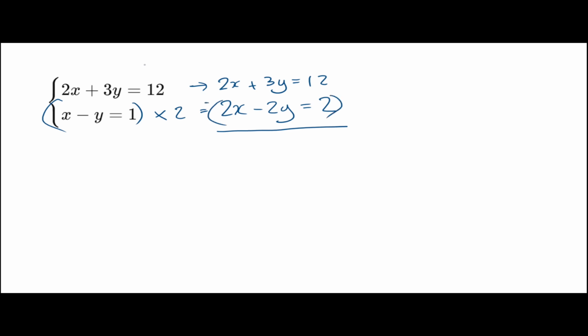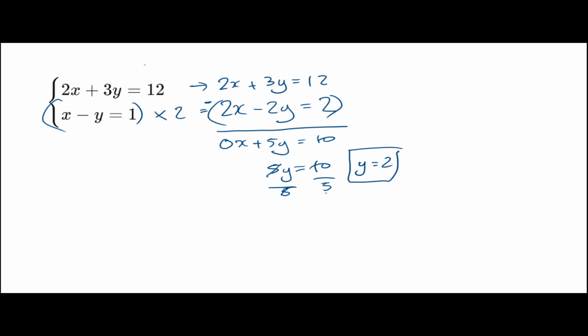2x minus 2x is 0x. 3y minus minus 2y is positive 5y, and 12 minus 2 is 10, so 5y equals 10. I'm going to divide both sides by 5, so y equals 2, which is the same as we got before.